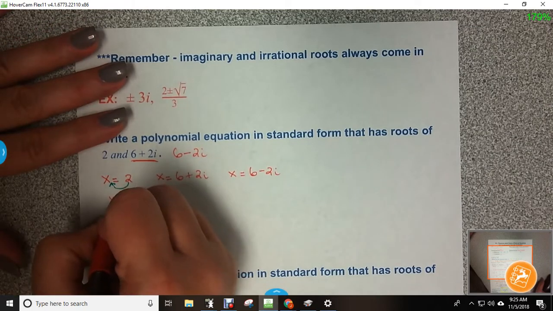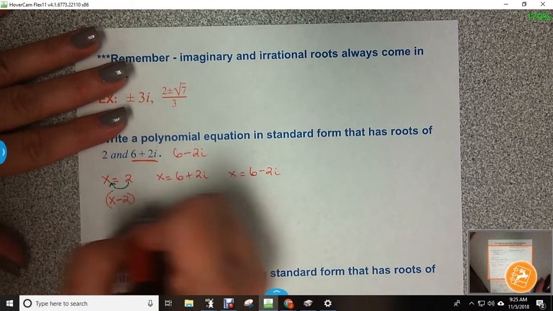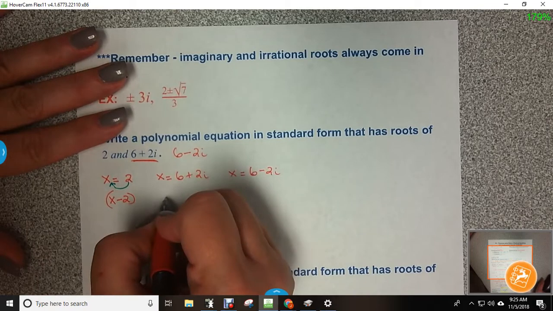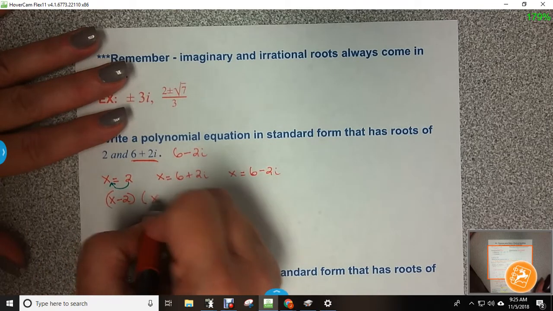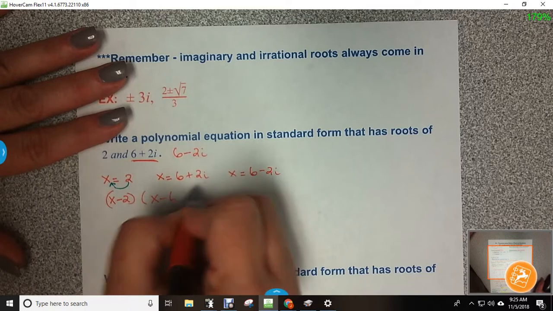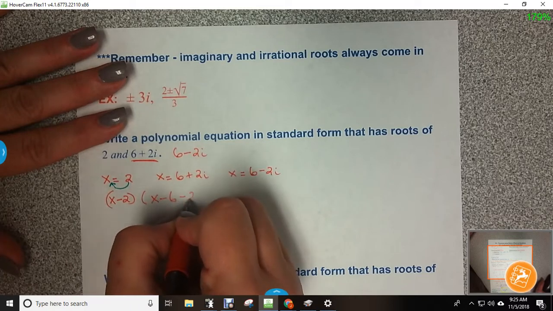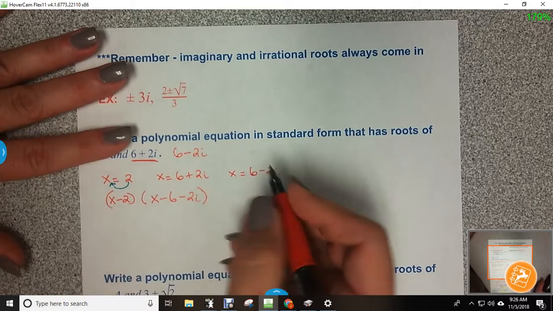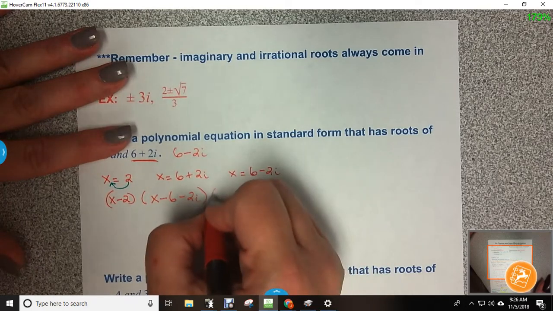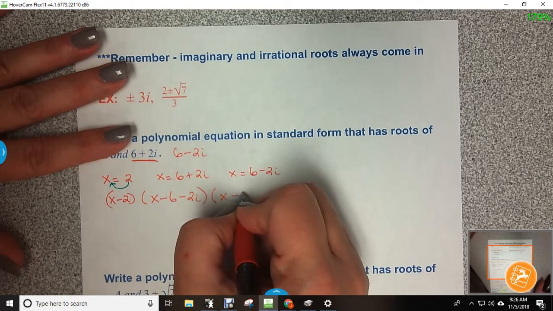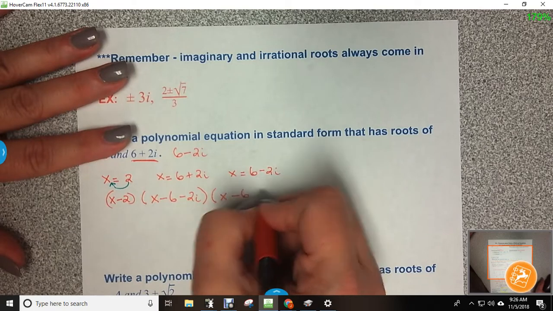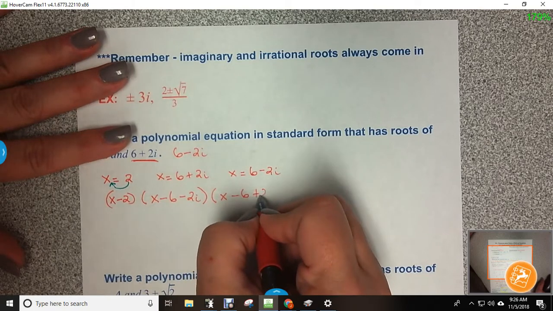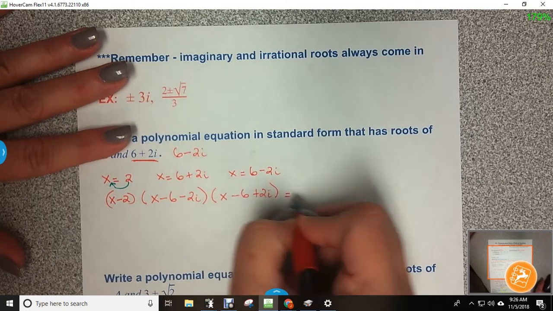So this one is going to give me x minus 2. For this one, when I move the 6 over, it becomes minus 6. When I move this over, it becomes minus 2i. For this root, when I move the 6 over, it becomes minus 6. When I move the 2i over, it becomes plus 2i.